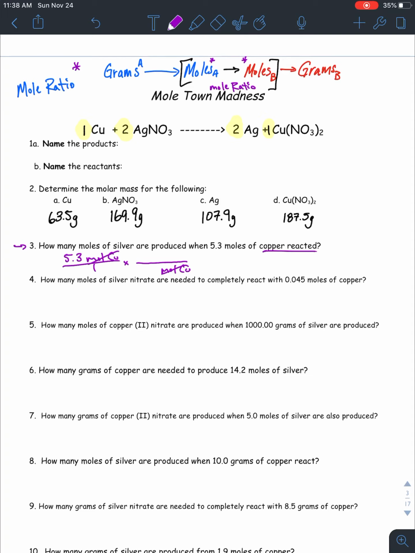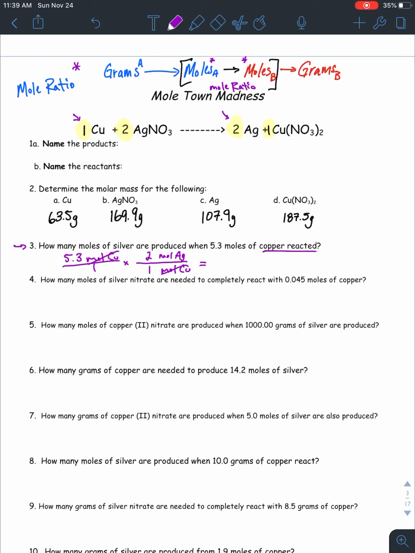And we can see in number 3 that we have 1 mole of copper reacting, and for every 1 mole of copper that reacts, we get 2 moles of silver being produced. So we put 2 moles of silver. We're getting this mole ratio from our balanced equation. When we do that, we're left with moles of silver, which is what we want.